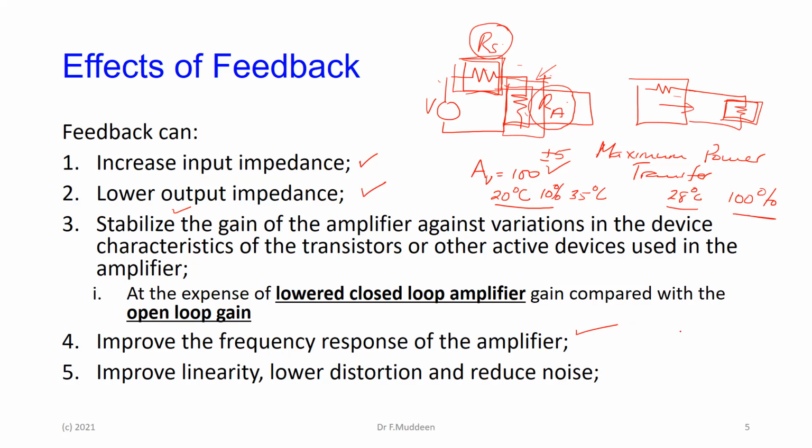Remember, linearity has to do with if I put a 1 volt change on the amplifier and get a 10 volt change at the output. If the input changes from 0 to 1 volt and I get a 10 volt change, and the input range now instead of 0 to 1 volt is 5 volts to 6 volts, then I should get the same 10 volt change on the output.